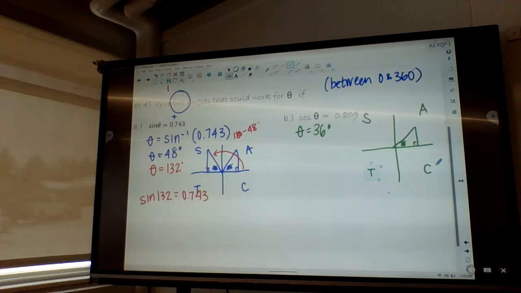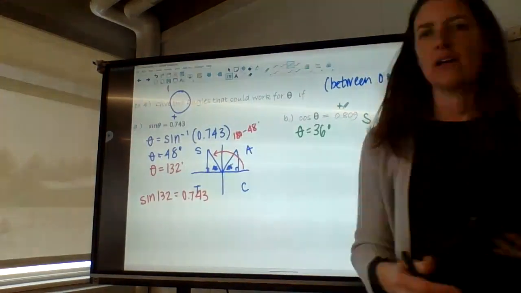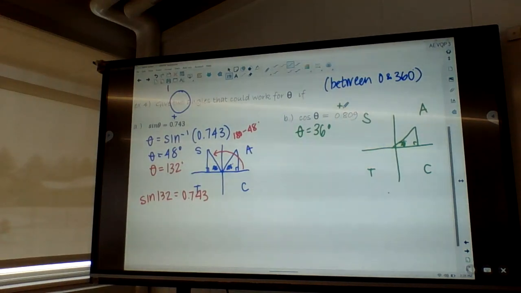Here, cosine is positive, so I have to look where else cosine is positive. So we're going to be in that fourth quadrant, and we're going to draw the same reference angle, that 36-degree angle. But when I want to figure out what that angle actually is, I have to spin all the way from the start. So how would I figure out what the purple part is? 360. I'm 36 degrees short of 360. So my other angle would be 324.